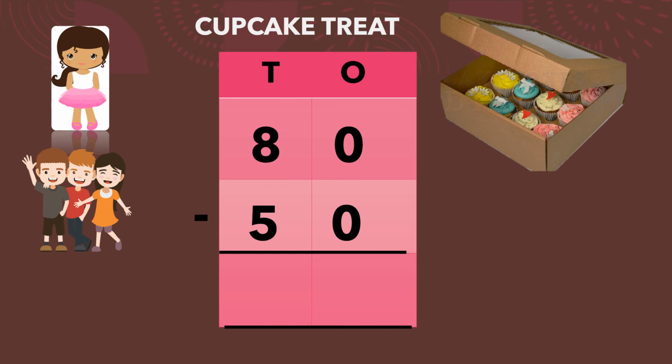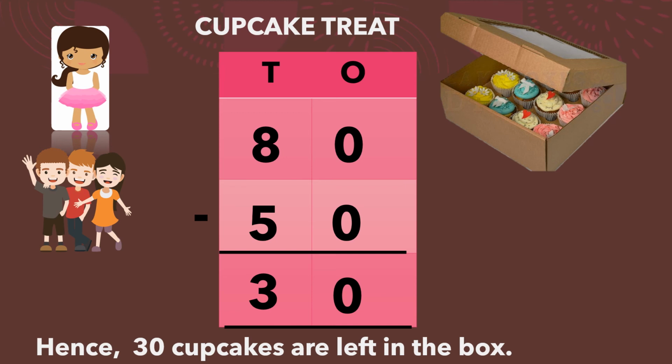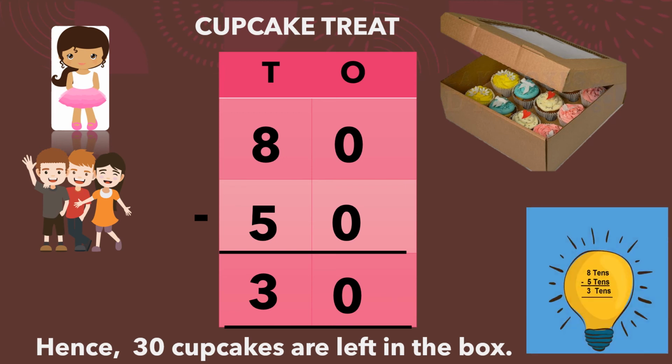Subtract from the ones column, 0 minus 0 is 0, and in the tens column 8 minus 5 is 3. Hence 30 cupcakes are still left in the box. Also, we can do this mentally because 8 tens minus 5 tens is 3 tens, which is 30.